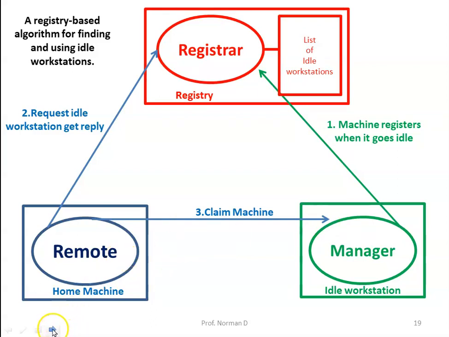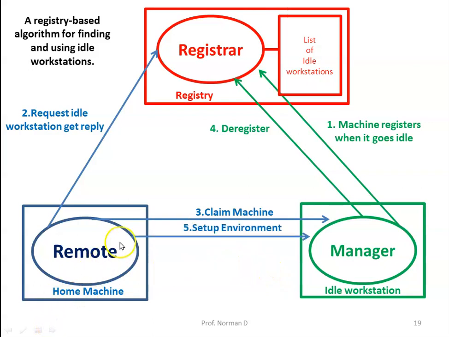After claiming the machine, this idle workstation has to deregister from the registry so as to avoid the race condition. Now after it is deregistered, no other remote machines can get access to this idle workstation. Next, it will set up its environment on this idle workstation and start the process.